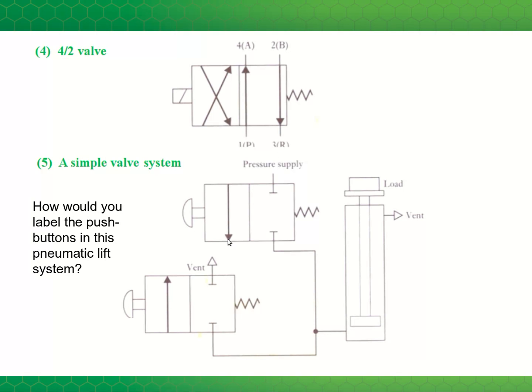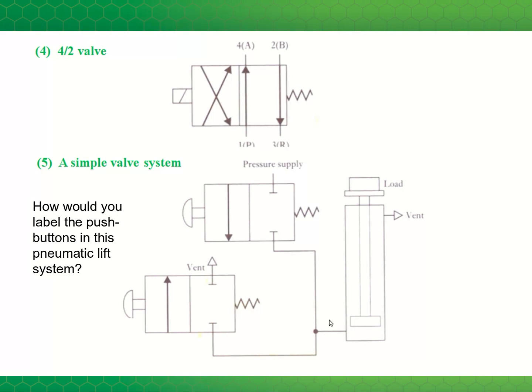And here is an example diagram for a pneumatic system. So we have 2 valves. Both valves have 2 ports, 1 port and 2 ports, and 2 positions, the 2 boxes. And they're both actuated by a push button and a spring. So the question is, how would you label the push buttons in this pneumatic lift system?